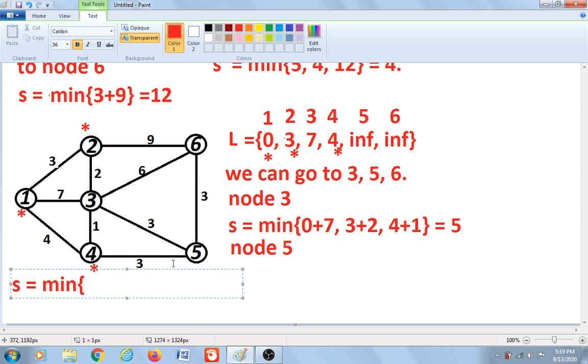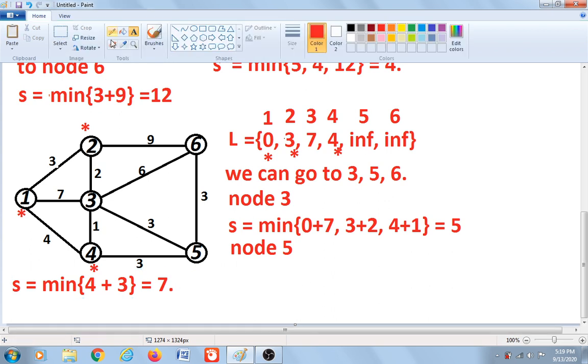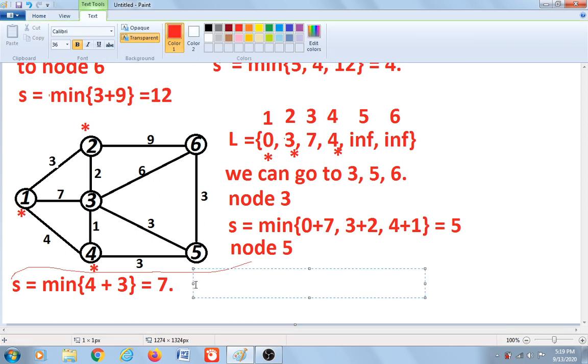Okay, so from node number 4, it is 4 right now here with the label, and the distance is 3, and therefore it is 7. Okay, this is to node number 5.